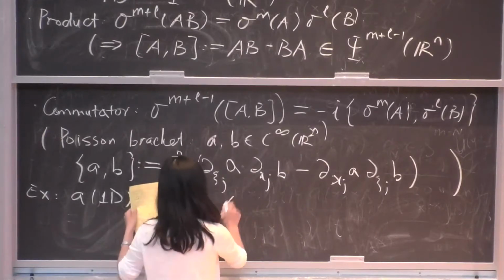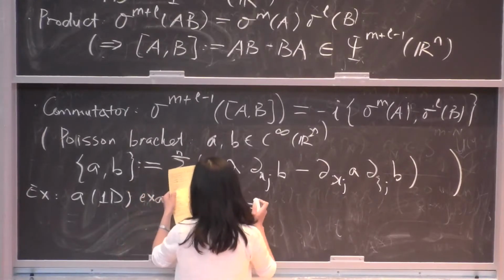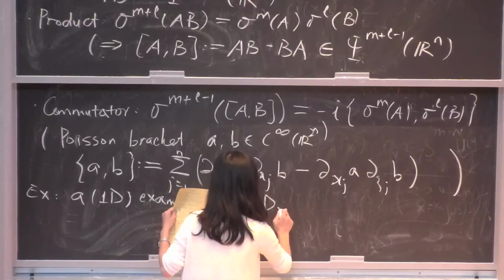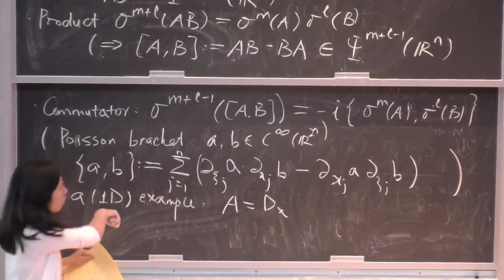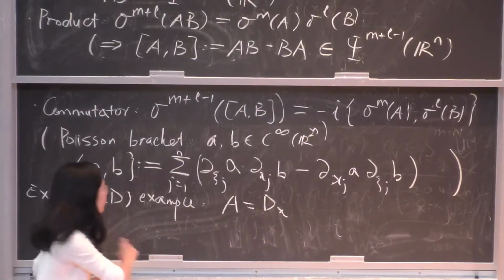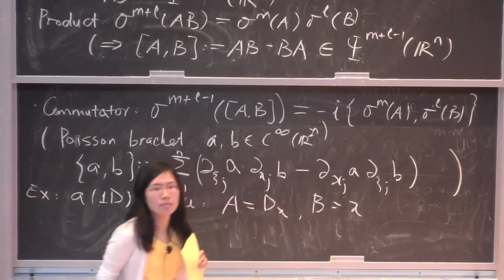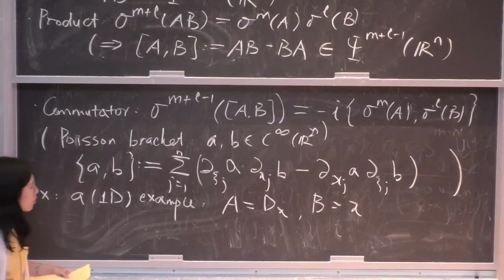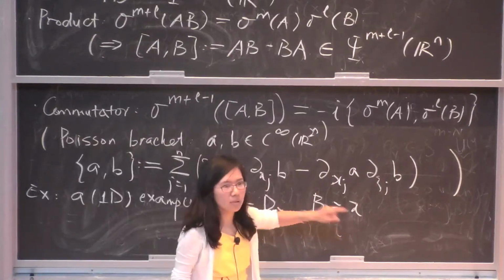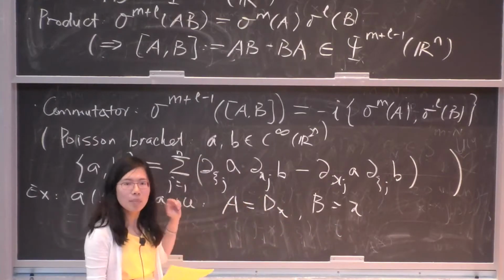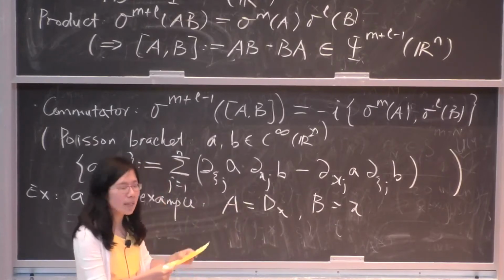I'm going to take my operator A to be D_x. It's a 1D example, so x is just x. And operator B is multiplication by x. Multiplication by x is not quite a pseudo-differential operator here because it's unbounded, but let's make sense of that.